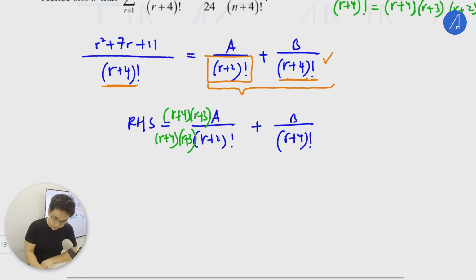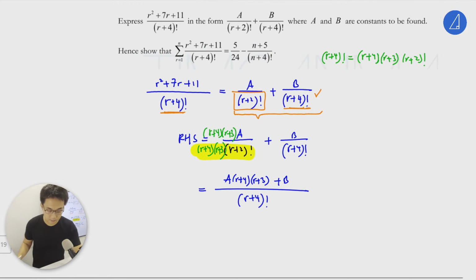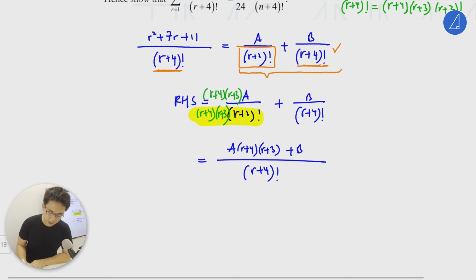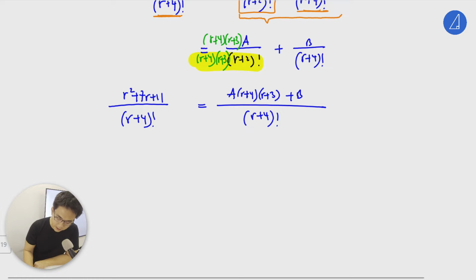So I know that r plus 4, r plus 3, r plus 2 factorial. And you can just compare. You just compare this and this.